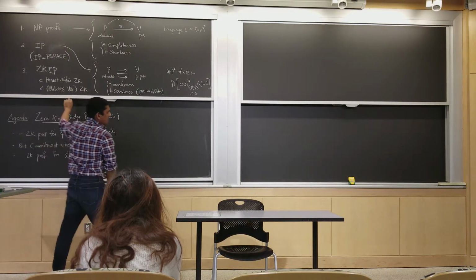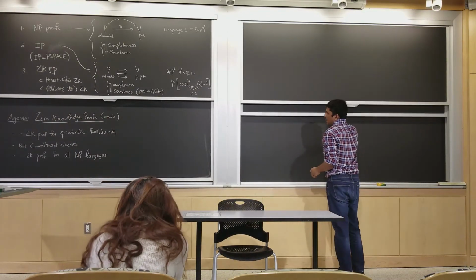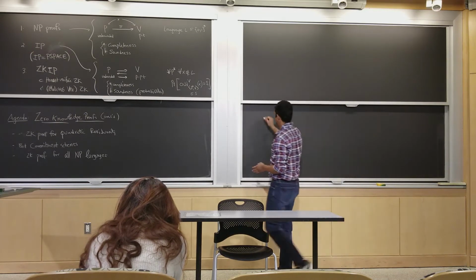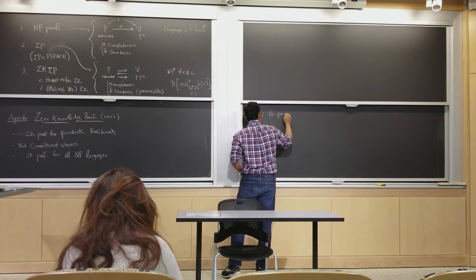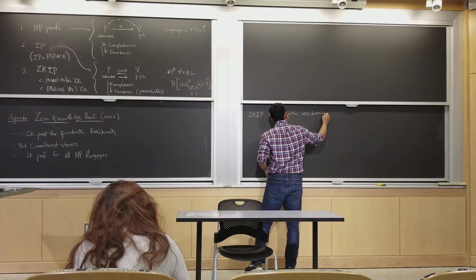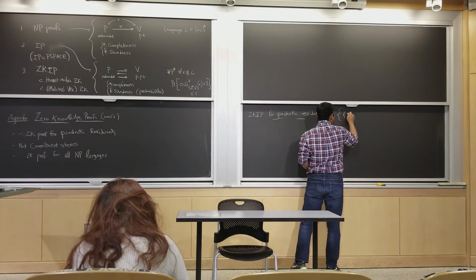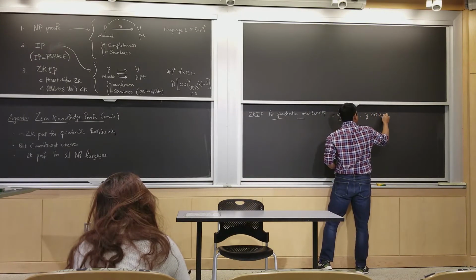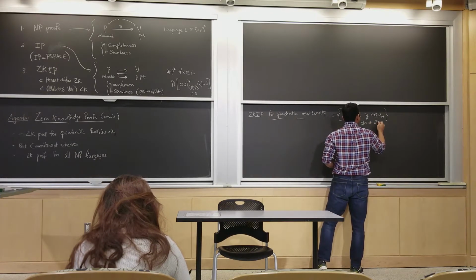The one that I'm going to really talk about today is the quadratic residuosity protocol. IP is our knowledge IP for quadratic residuosity, which is this language for pairs n and y, where y is a square mod n, or rather there exists an x such that x squared equals y.